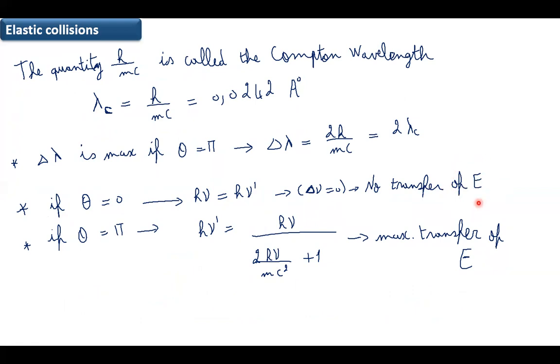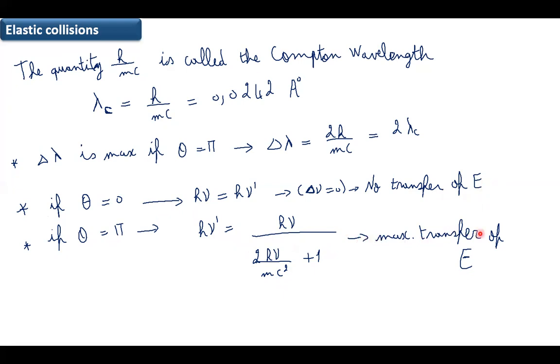The photon continues on a straight line as if nothing happens to it. So we have no transfer of energy in this case. And if zeta is equal to pi, then h nu prime becomes h nu over (2 h nu over mc squared plus 1).